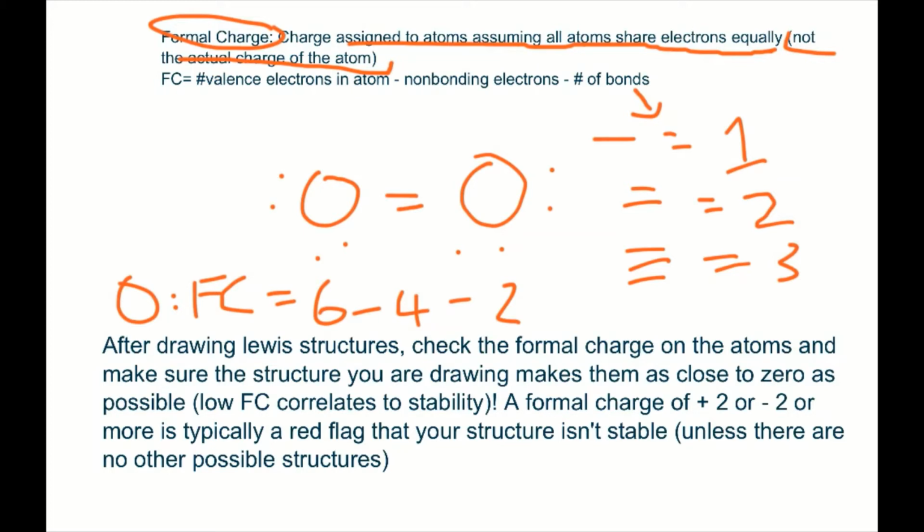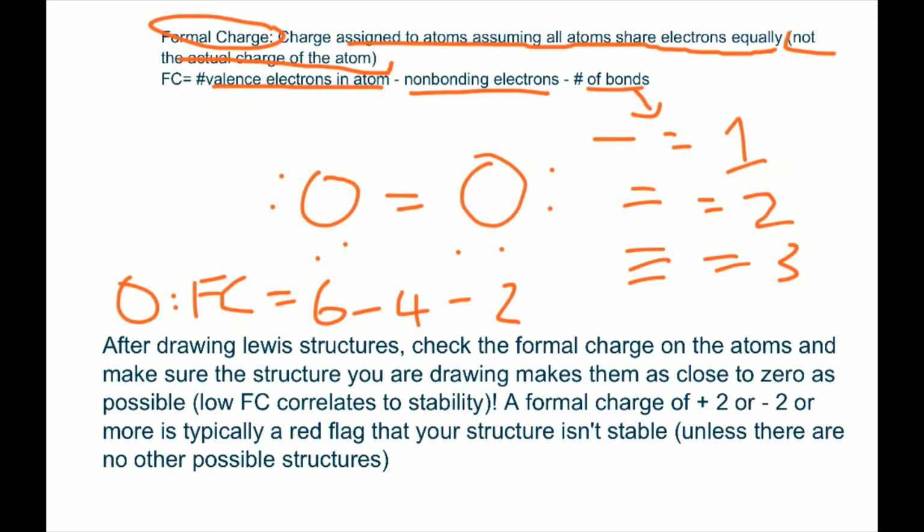The formal charge is equal to the number of valence electrons typically found in an atom minus the non-bonding electrons in the Lewis structure for the atom minus the number of bonds attached to it. So if it's a single bond, it's worth 1. If it's a double bond, it's 2.